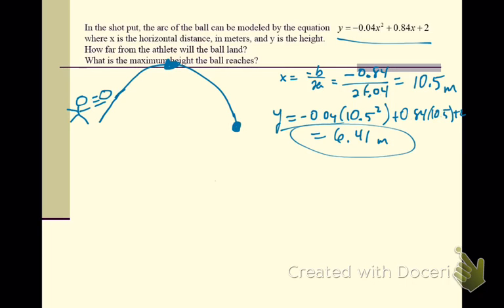Well, we're looking for this point right here, which means that we're looking for the second x-intercept, right? We don't know where the y-axis is. So if I can find the two x-intercepts, then I can find the distance between them.